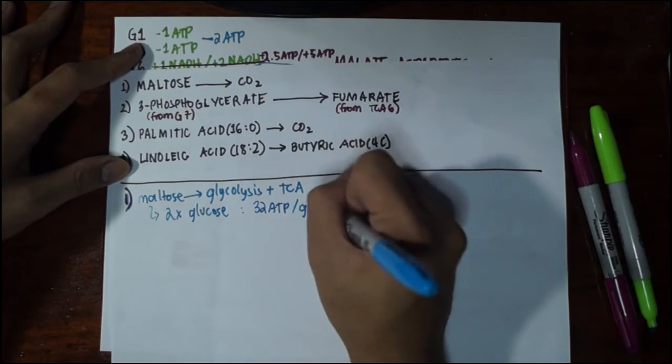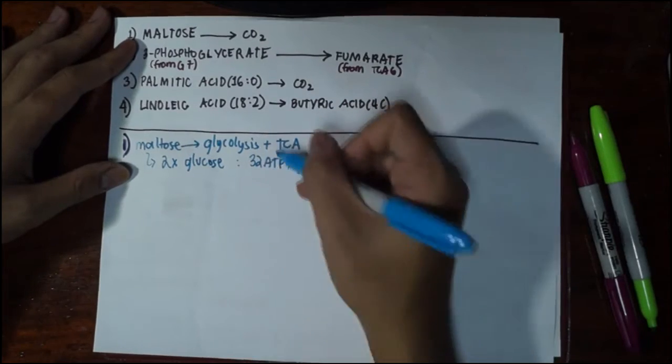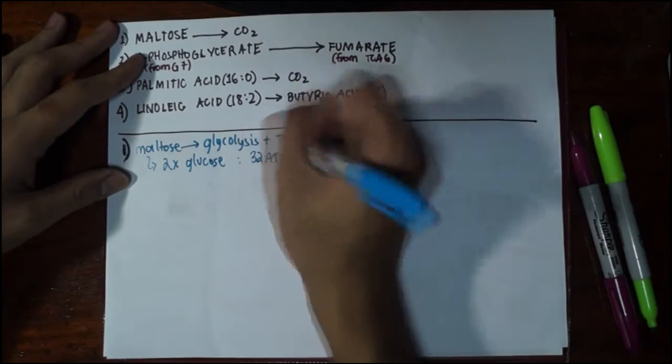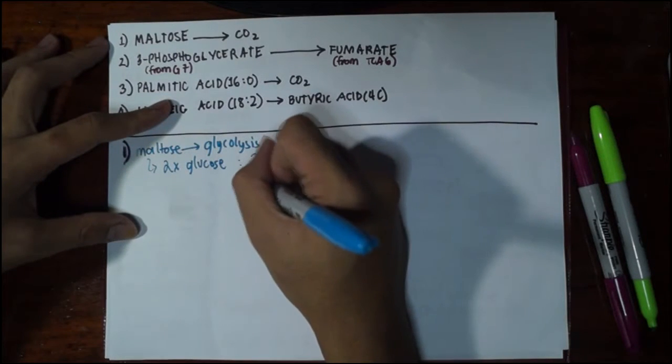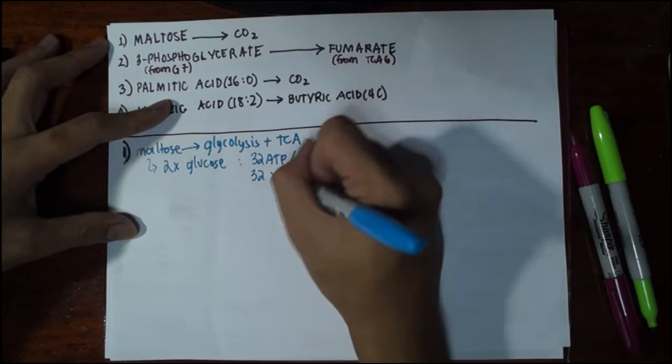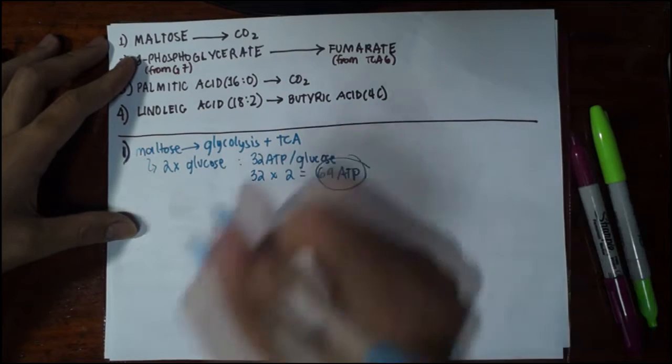There wasn't any mention of any glycerol phosphate shuttle, so we assume this to be 32 instead of 30. To get the number of ATP from maltose, we simply multiply 32 by 2. So the number of ATP is 64.